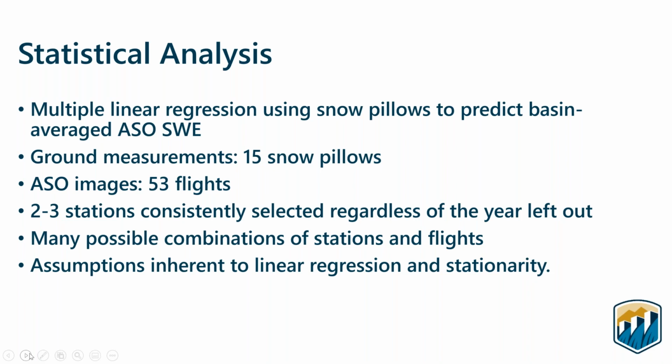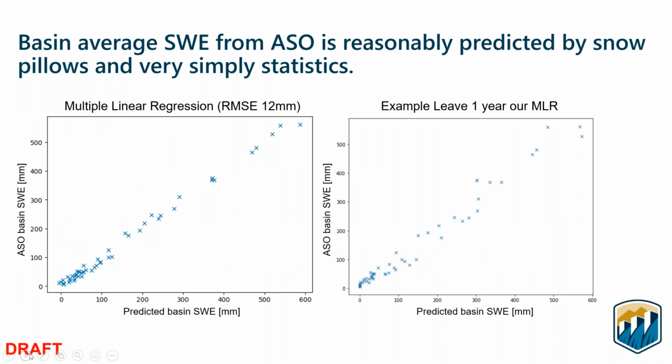So if you go to the next slide, you'll see an example of this MLR approach I was just talking about. On the left-hand side is the regression with all 15 snow pillows in there, and we use that to predict the basin SWE. We're regressing here against the ASO basin SWE. And so you can see, as you would expect, perhaps a very tight relationship between those.